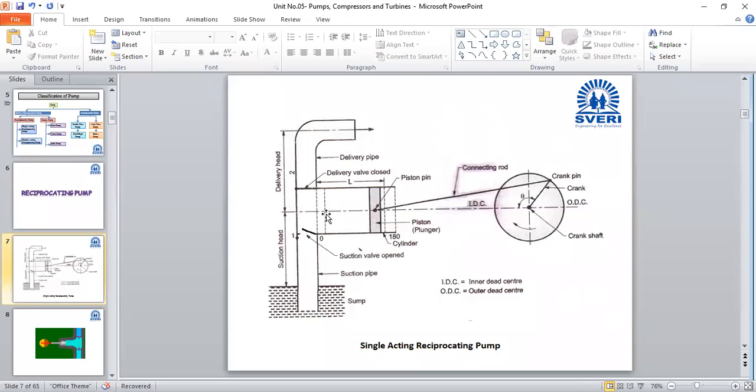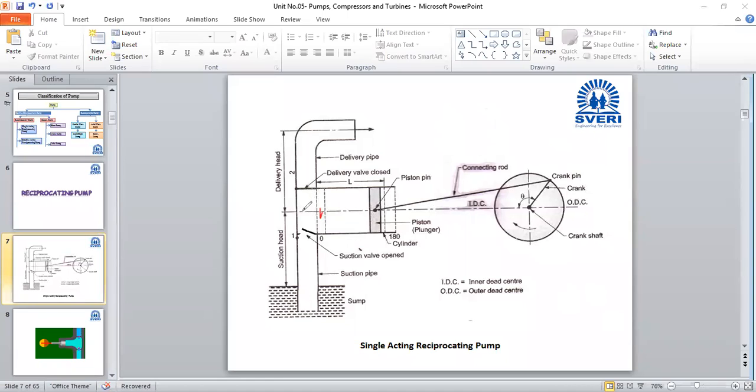When the piston starts moving from the inner dead center, this one is the inner dead center, towards the outer dead center, a vacuum, or negative pressure, is created inside the cylinder.